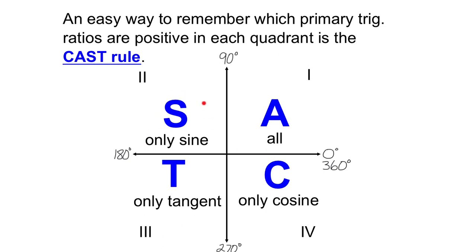It's in the second quadrant. So I would know that the sine of that angle is positive. The cosine and the tangent are both negative. Now, keep this rule in mind. You might want to write this down to help you remember in which quadrant the values are positive. All, sine, tangent, cosine. The CAST rule.